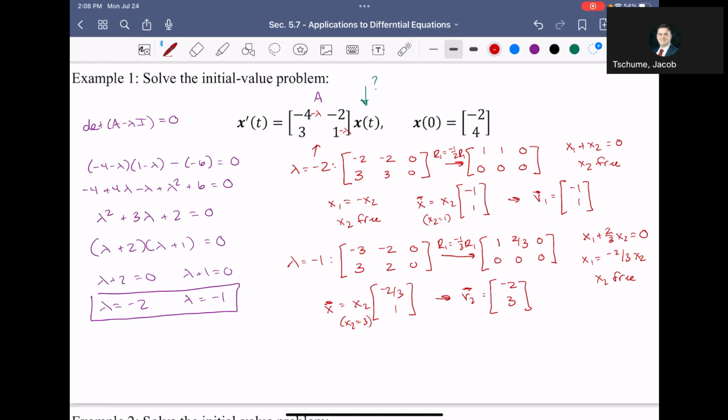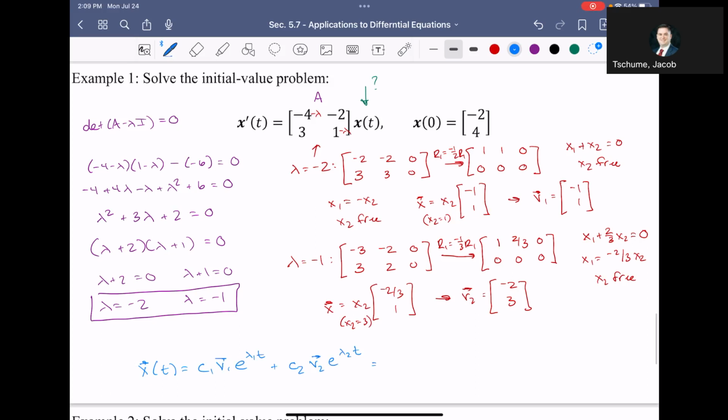So if I come back down here to the bottom and write down my general solution, since there's two eigenvalues and two eigenvectors, my general form is going to be the vector x of t equals a constant c1 times your first eigenvector times e to the lambda 1 t, plus a different arbitrary constant times the second eigenvector times e to the lambda 2 t.